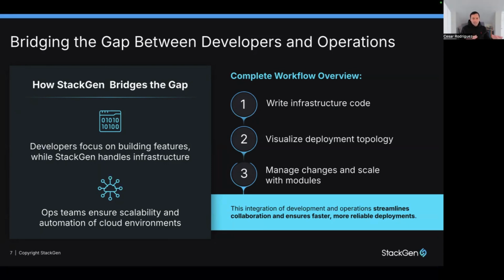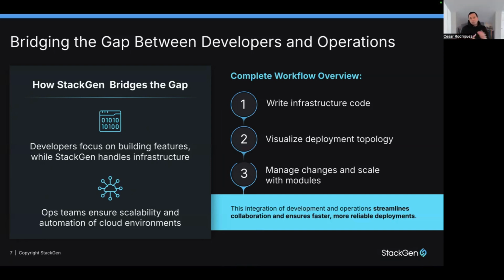So this tension can lead to bottlenecks, miscommunications, inefficiency, and StackGen bridges this gap by enabling a shared understanding of infrastructure. So with infrastructure from code, developers don't have to worry about writing infrastructure scripts. StackGen will automatically provision your cloud resources based on your application code.